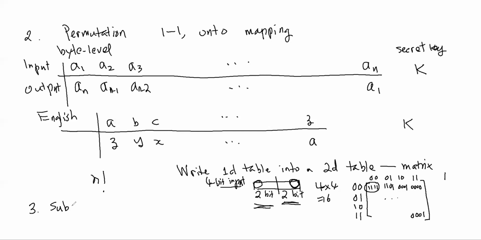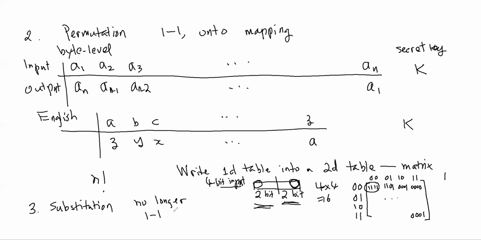Substitution can also be viewed as a pre-computed table, but some of these numbers, the output in this cell, are the same. So they are no longer one-to-one, and hence, of course, it's not going to be onto.